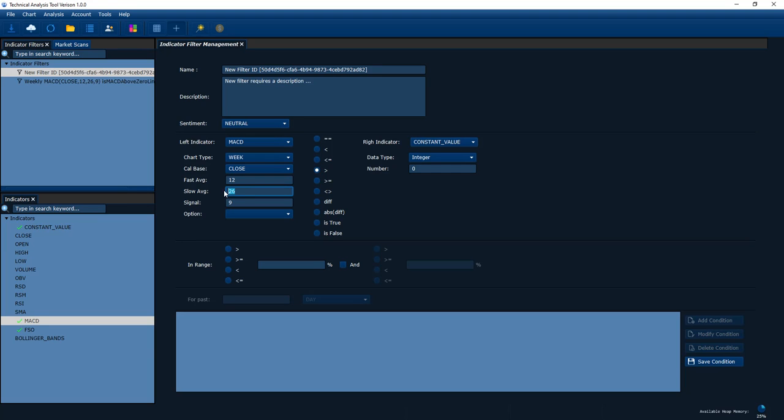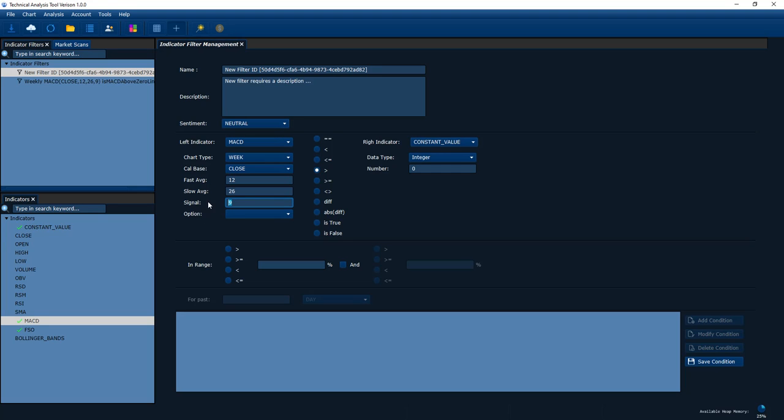The default is 26. Sometimes people like to use 10 weeks and compare it with a slow one, which you can make 30 weeks, because the 30 week EMA is quite significant. But in this demo, we're still using 26 and 12.